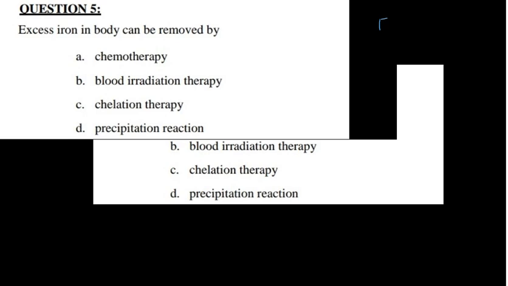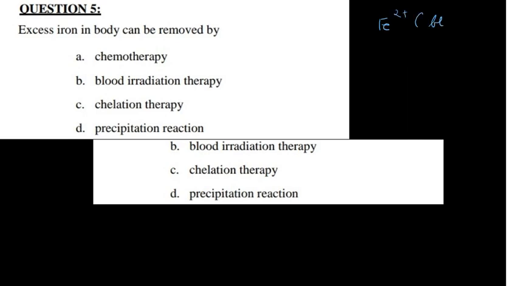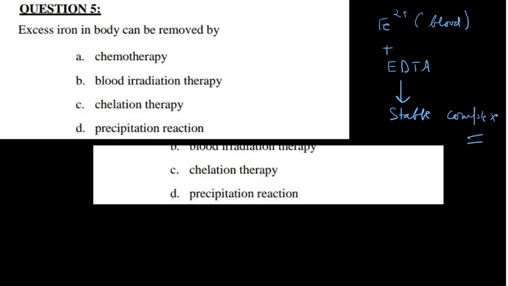iron, that is Fe, is in +2 form in blood. Okay, and when it reacts with the EDTA, it forms a stable complex that can be eliminated from the body. So that means complexation.